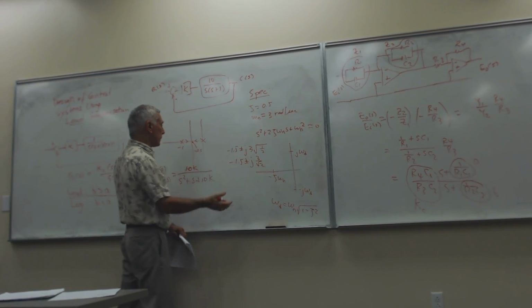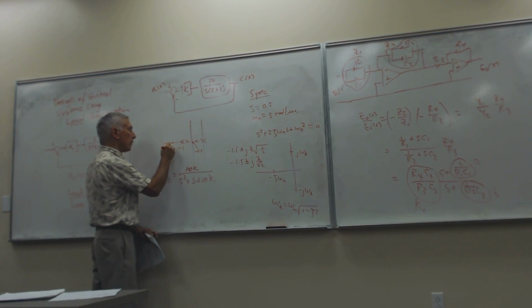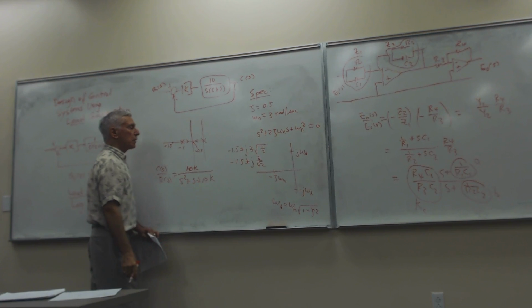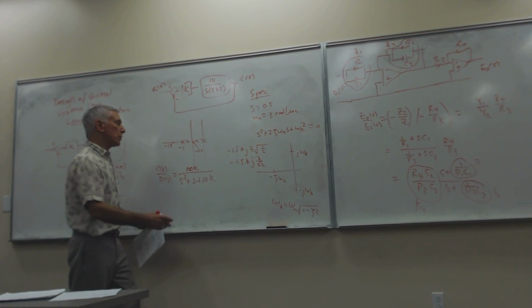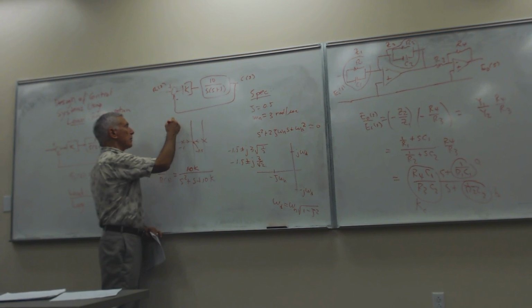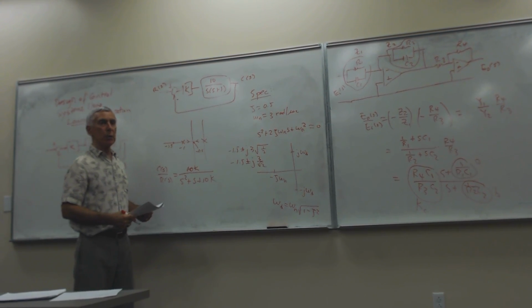Okay, and where are they? This is minus 1, this is minus 0.5, so minus 1.5 is right there. And then you have j times 3 over square root 2, which is roughly 2, so it's minus 1.5 plus and minus j2.